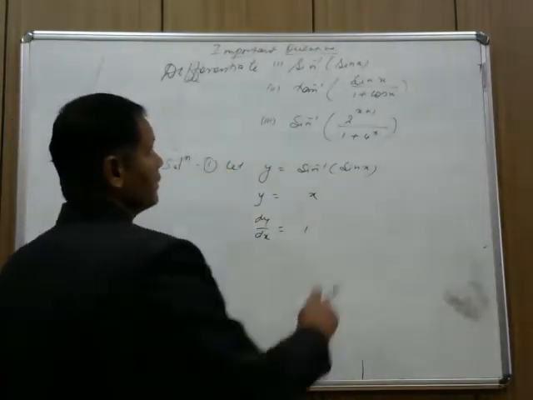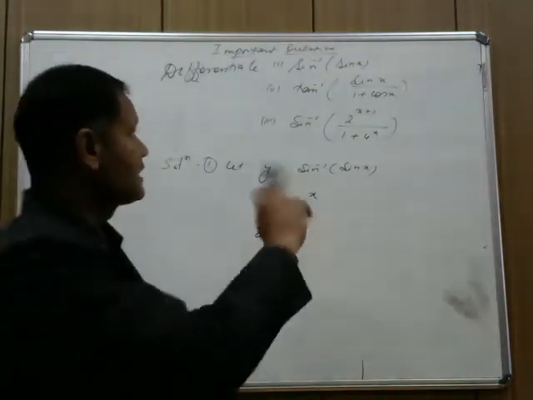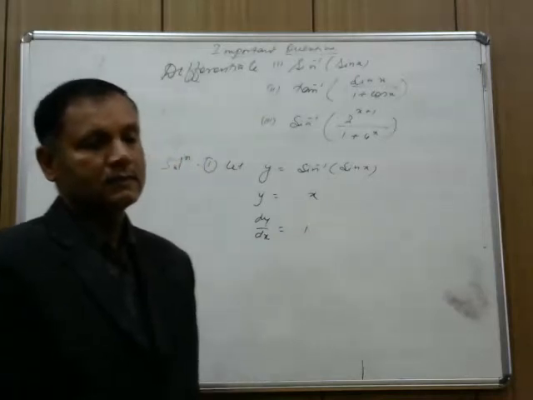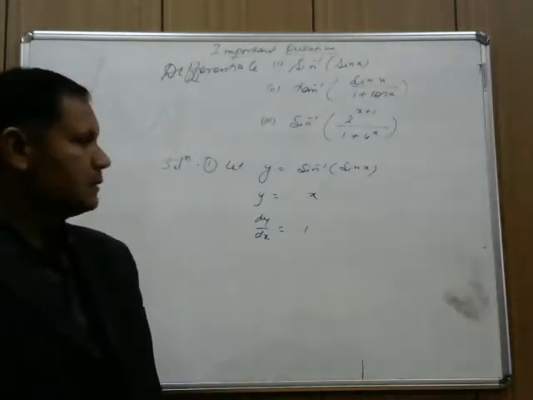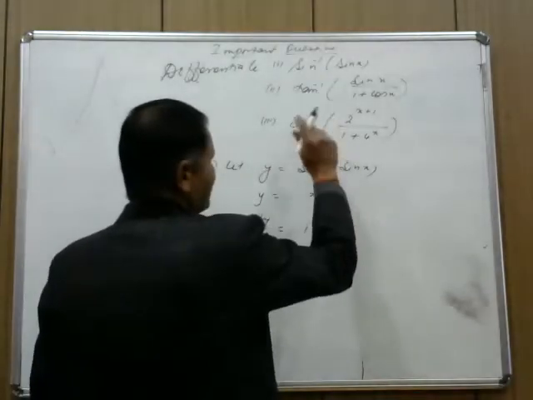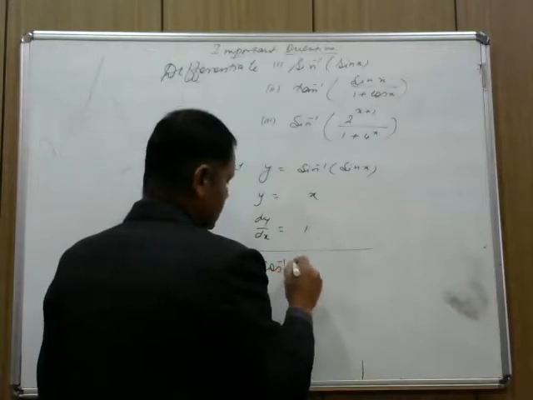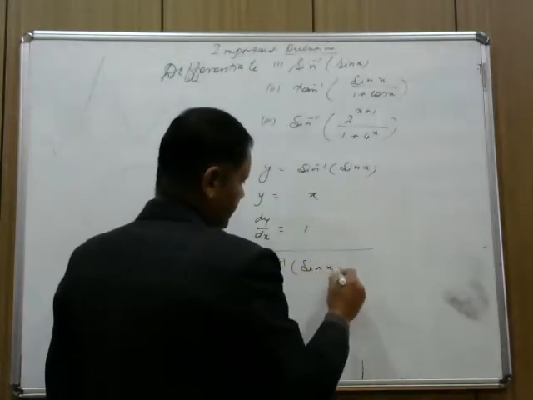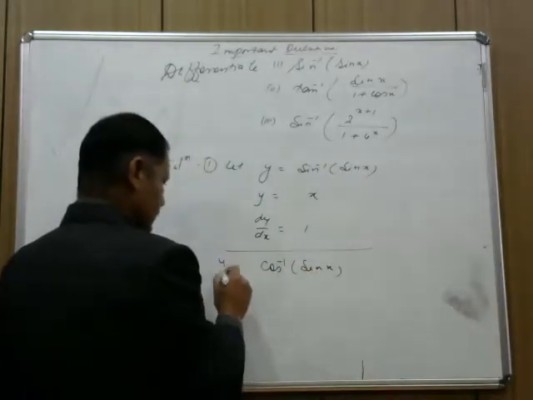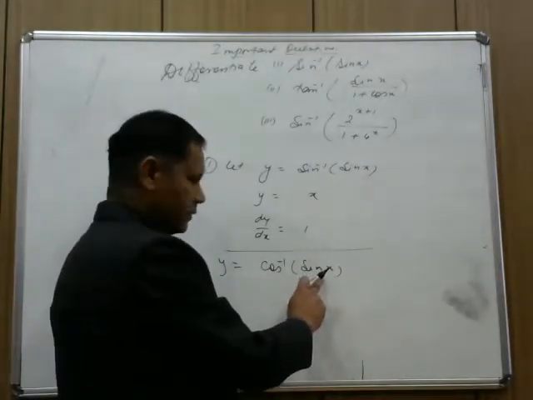But if I would have cos inverse of sin x or sin inverse of cos x, then certainly there would have been some change. For example, suppose the question is not sin inverse of sin x, but cos inverse of sin x. Then here we have cos inverse, that's why we have to convert into terms of cos inverse also.